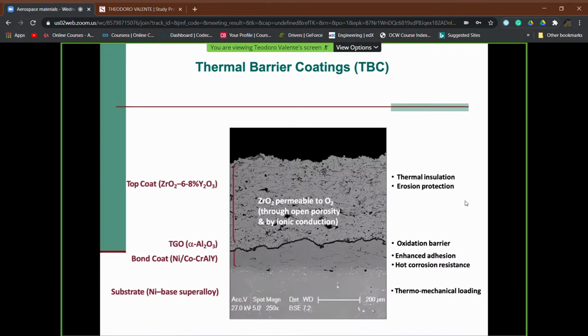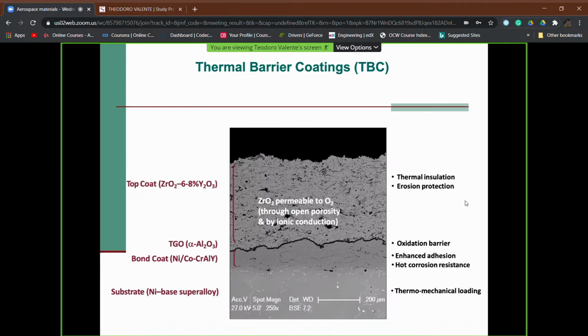And the standard solution, the most performing one at the state of the art to fabricate thermal barrier coatings, is a composite system made from an outer layer, also called top coat, which is partially stabilized zirconia.